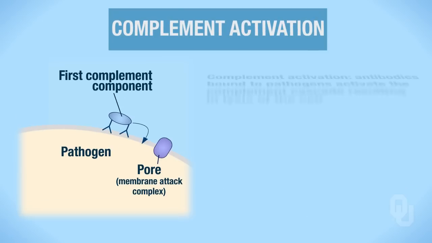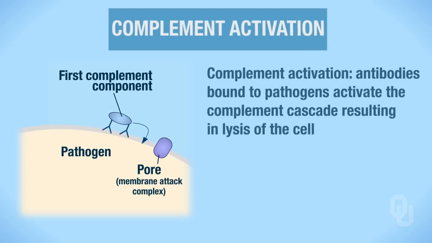Now there's also complement activation, which we talked about earlier, but this is a different way to activate the complement system. We talked earlier about having a bacterial cell that was our pathogen, and how there was a polysaccharide component on the cell membrane, and that activated the complement. Here, however, we're using a different method. We're going to have an antibody that's bound to the pathogen. So here you can see the Y-shaped antibody, right?